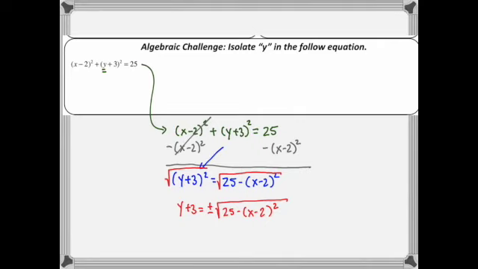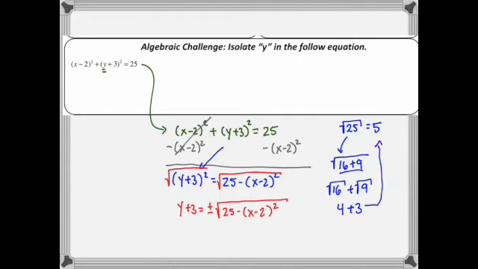Say if you take a look at the square root of 25. The square root of 25 we know is 5, right? However, if I were to rewrite the square root of 25 as 16 plus 9, which is 25, and then proceed to take the square root of each one of those separately, the square root of 16 is 4, the square root of 9 is 3, and that does not give you 5, okay?